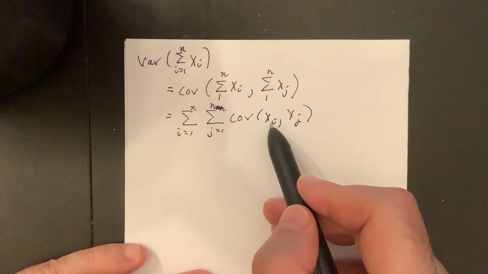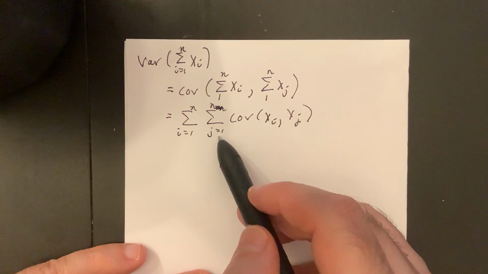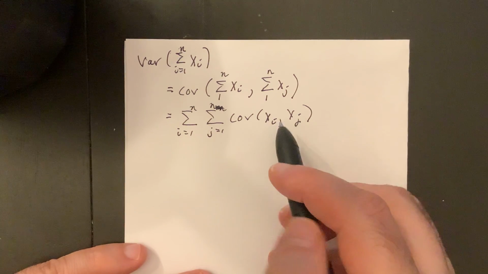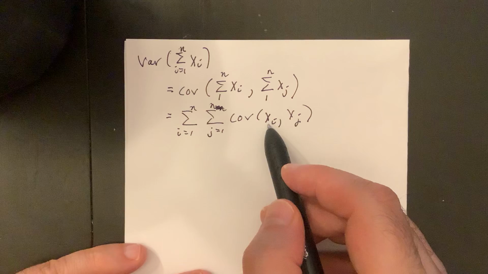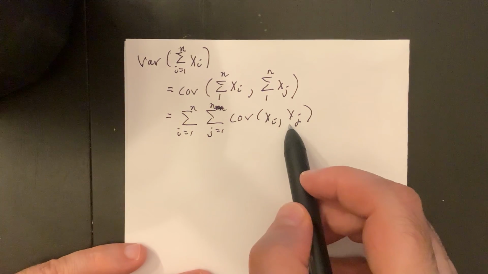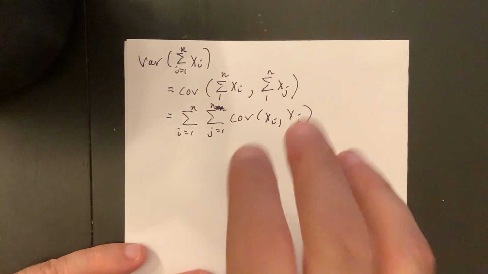Now, what happens? n of the terms are the same, i equals j, n times. And the other times they're not equal, and I might get covariance of x1 and x3, but then I'd also have covariance of x3 and x1. By the reflexive property 1, those are the same thing. So I get doubles of all the ones where they're not the same.